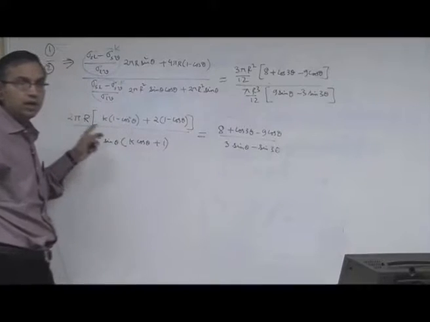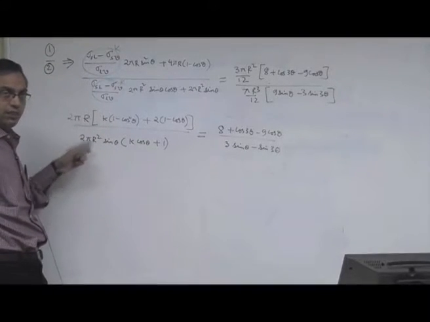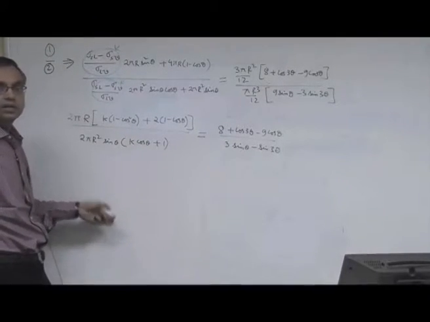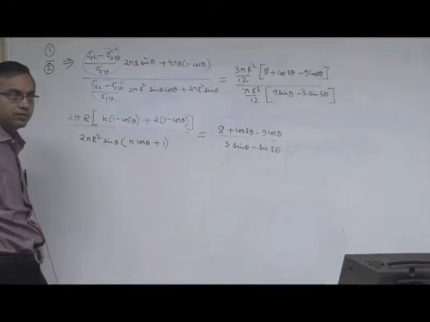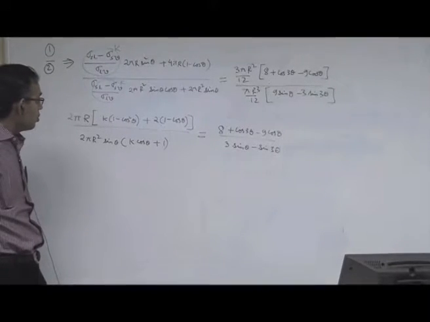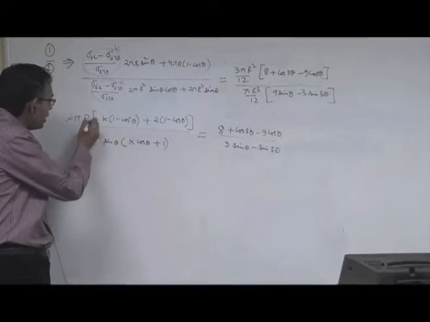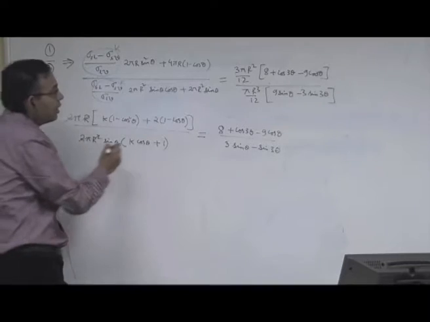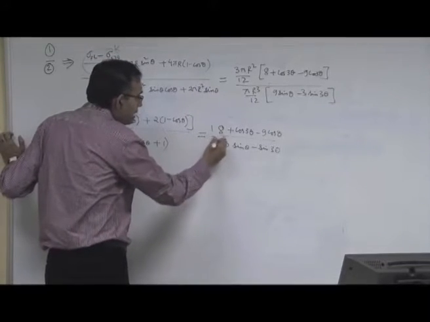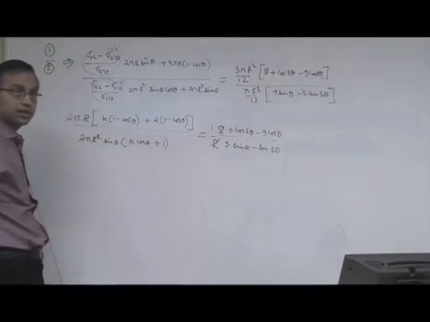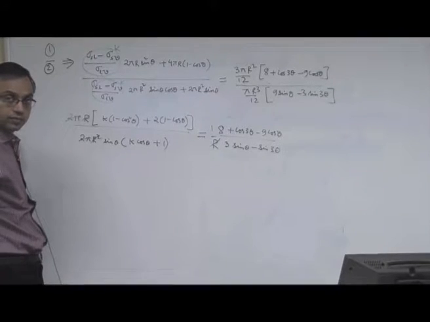Please check the algebra of this and let me know. If we make a mistake here, the final expression will have no meaning. Okay. So, we can cancel this 2 pi, and the 1 by r on this side gets cancelled with this. All right.